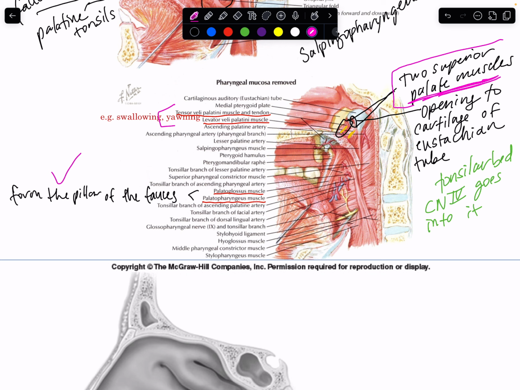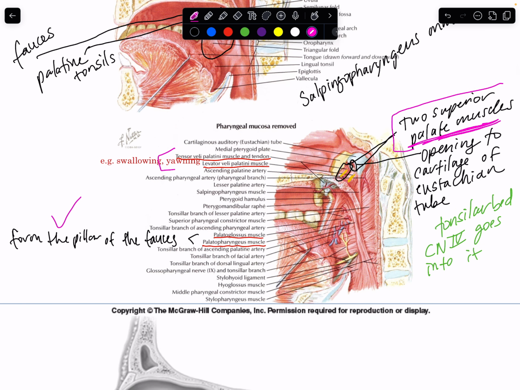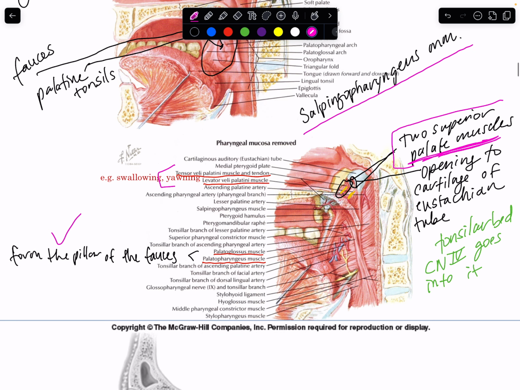The last thing that I also like to look for, which Kathy thinks is going to be very difficult for the first years, because even in my cohort, I was the only one that found it, is this salpingopharyngeus muscle. It's coming from this eustachian tube down to the pharyngeus here. So we will look for ours tirelessly because I think we can do it.